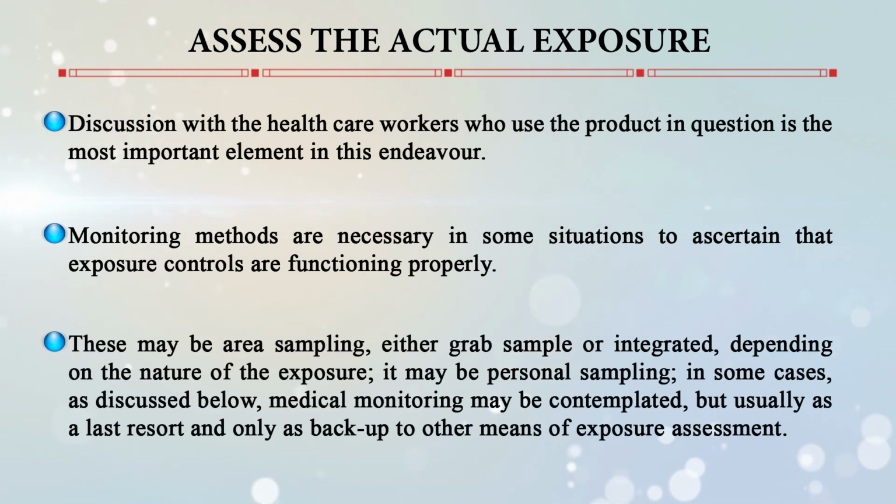Sometimes this may be area sampling, either a grab sample or integrated, depending upon the nature of the exposure, or it may be personal sampling. In some cases medical monitoring may be contemplated, but usually as a last resort and only as backup to other means of exposure assessment.